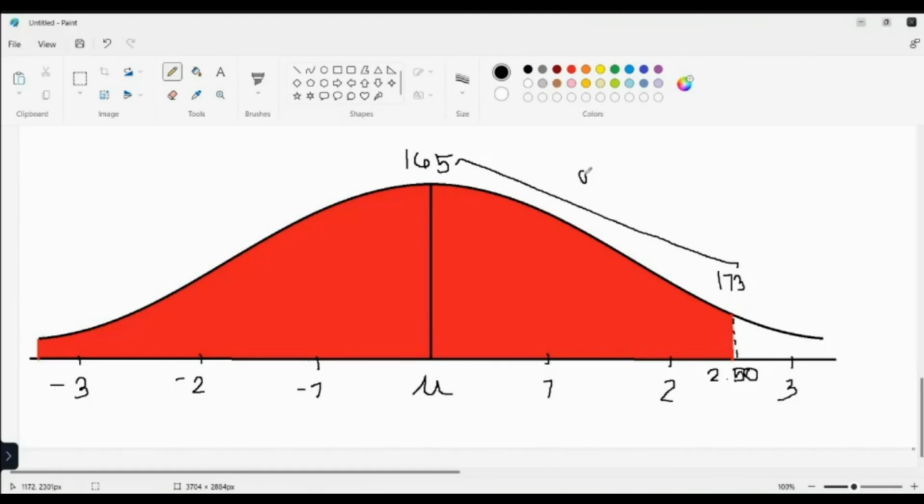Using 2.5 and 0.00, what is the area? 0.4938. 4938. Okay, 4938. Then that's it.